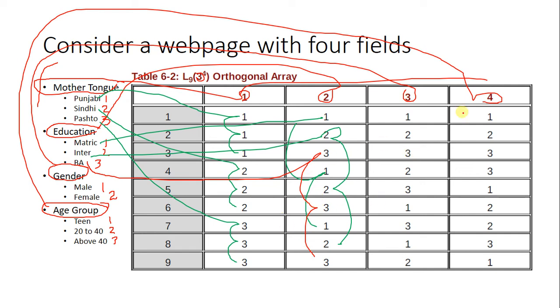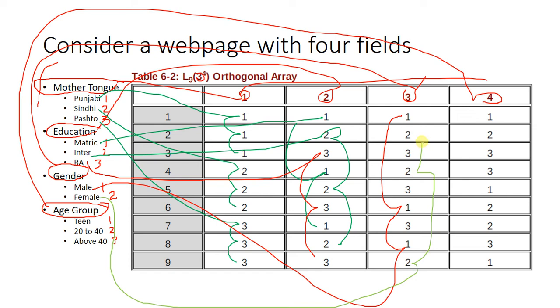And in the same way we will fill these 2 columns, but the point is, for the gender column, we have only 2 values. So wherever we find 1, we will replace it with male. So male will come here, here, and here, and the female will replace the value 2. It will come here and here and here.